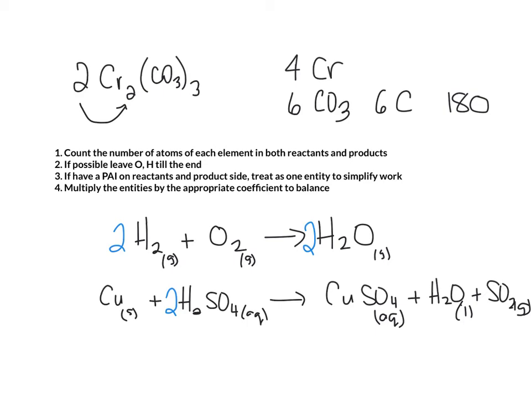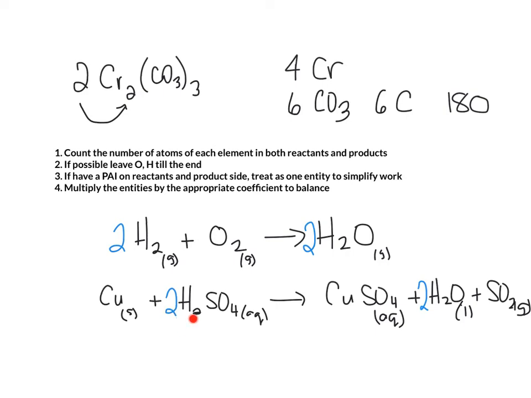If you go back here and look at the hydrogens, 2 times 2 H's is 4. So we know we have to put a 2 in front of H2O to make 4 hydrogens, and that, I believe, has fixed our oxygens.